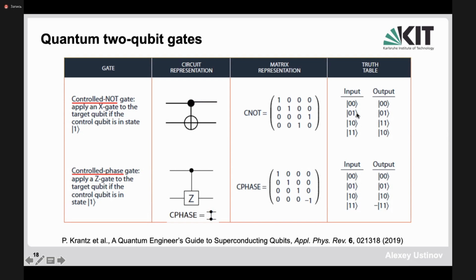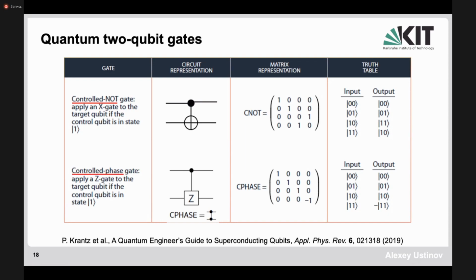If it's in the state 0, 1, where the first qubit is the control qubit, then the result is state 0, 1. But if the control qubit is 1, then the target qubit, which is the second one, changes the state from 0 to 1. And if the control qubit is in the state 1 and the target qubit is in the state 1, then the resulting state is 1, 0.